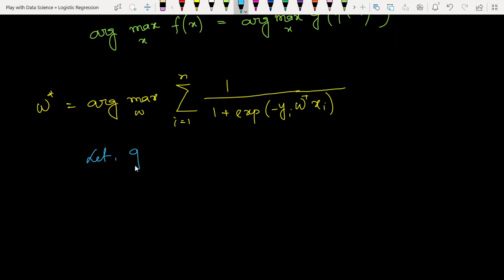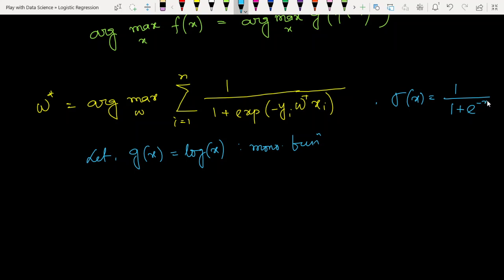Let our g of x be equal to log of x. That is a monotonic function. And this function, that is our sigma x, is our logistic function 1 plus exp of x. Okay, so now we want to modify this function.